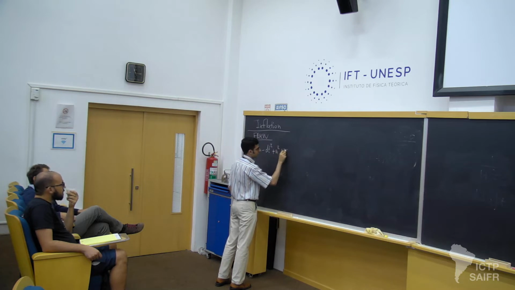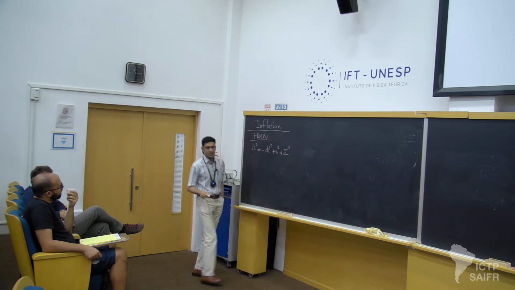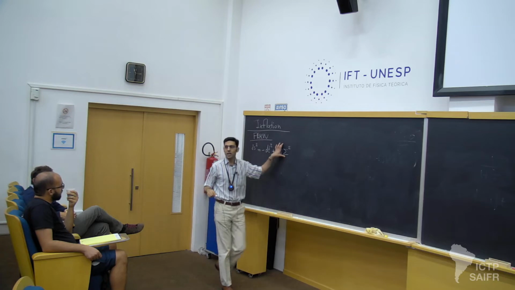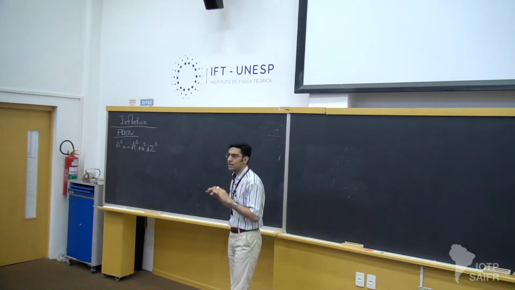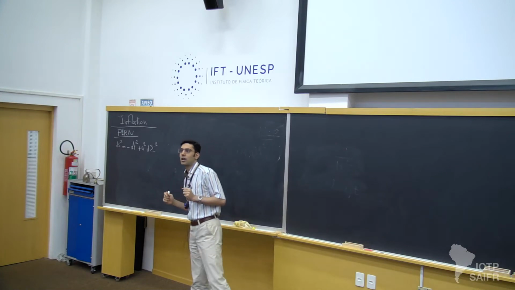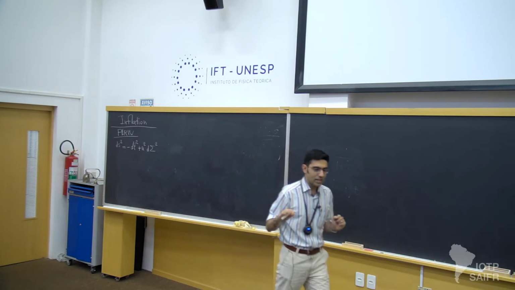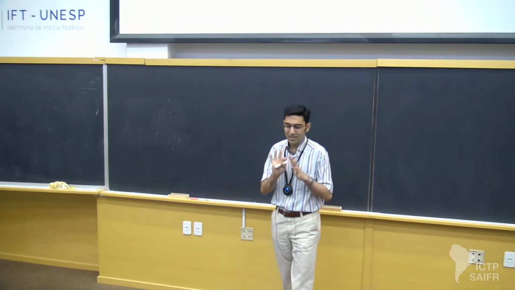Let me just write it as d sigma squared. This sigma, which describes the spatial slices of the universe, has the property that it is homogeneous and isotropic, and there are actually four possibilities, but I don't talk about the fourth one.